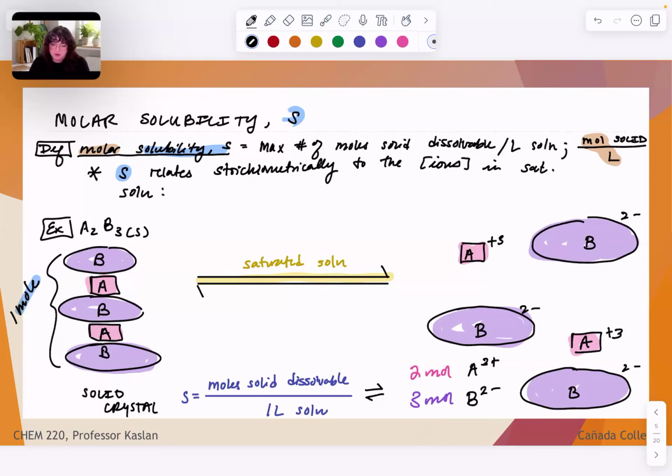Meaning that this relationship can be described as: for every 1 mole of solid, I generate 2 moles of my cation, and for every 1 mole of solid, I generate 3 moles of my anion.